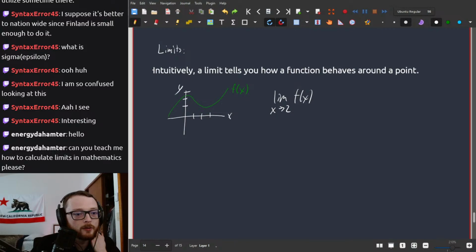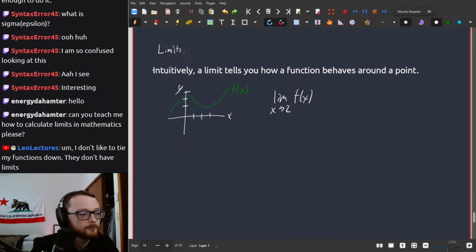So given some function like this, we're interested in how f of x behaves around x equals 2. So x equals 2 is this vertical line right here. And this function is really well behaved around 2.